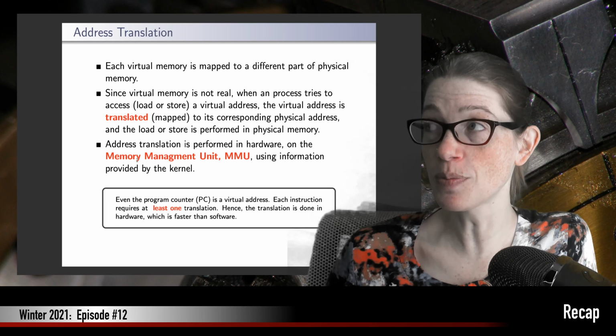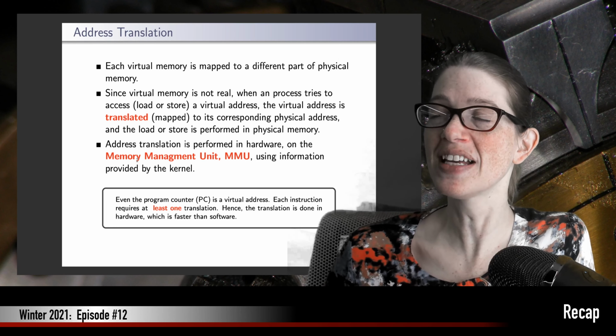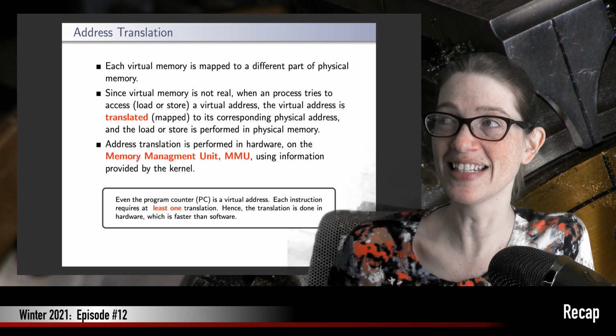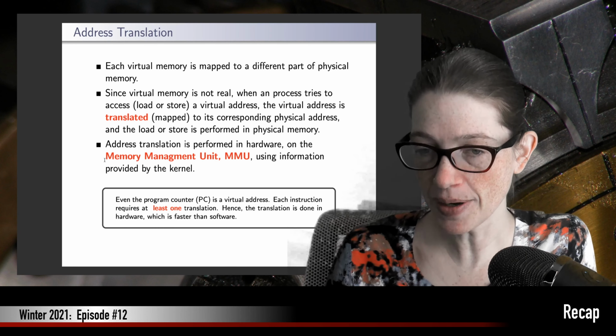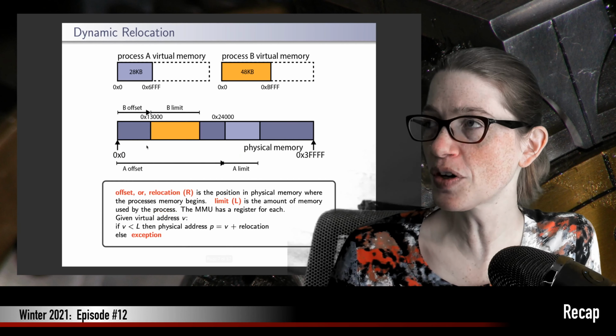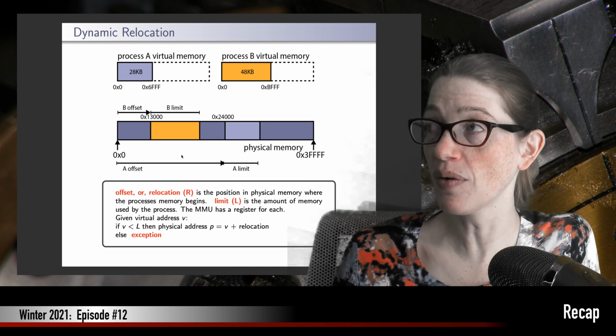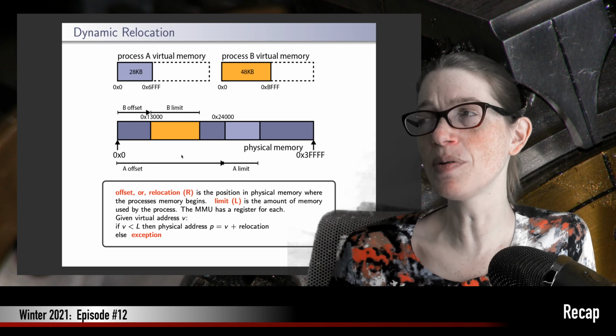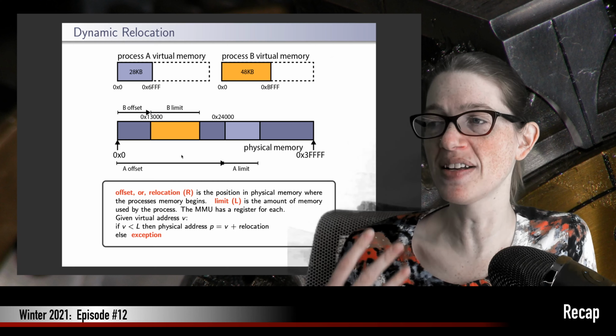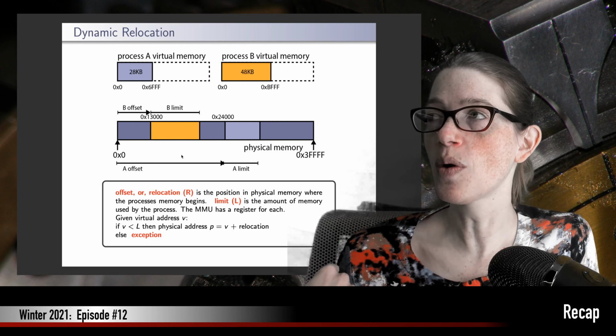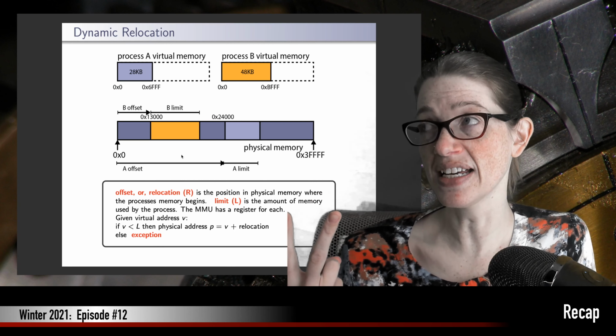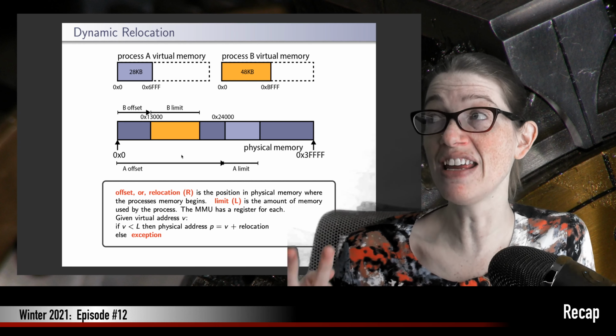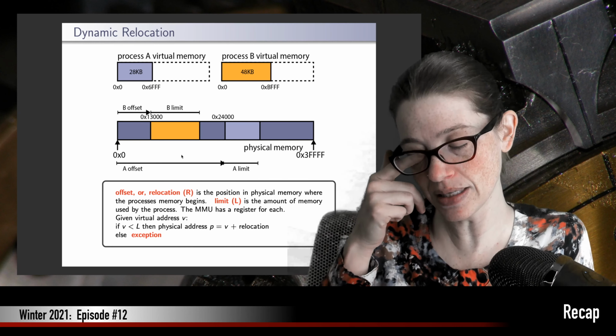And the memory management unit will be managed by the kernel because the kernel is responsible for actually implementing the details of virtual memory. Now, we talked about a couple virtual memory schemes. We talked about dynamic relocation, which is a really simple scheme, and it adhered to the three principles that we really liked: it offers protection, it offers isolation, and it also is very efficient in terms of both time and space.